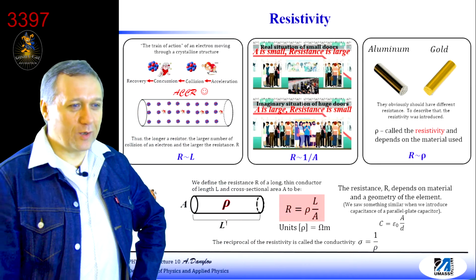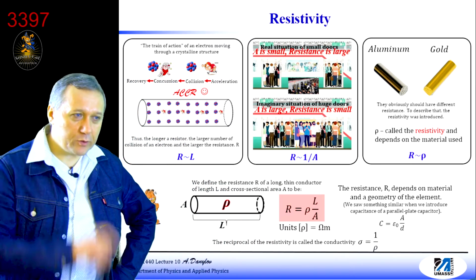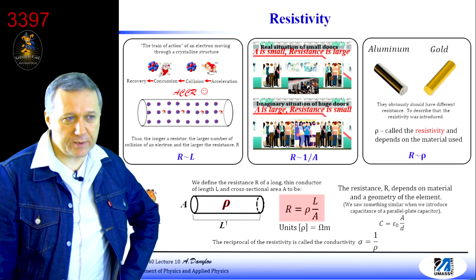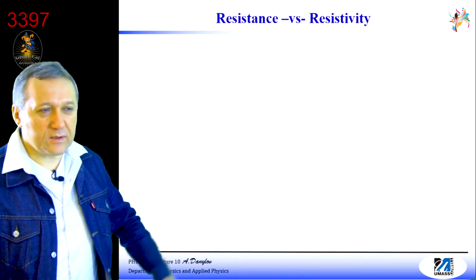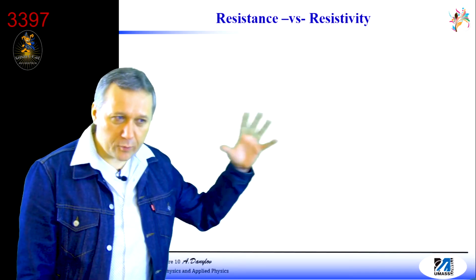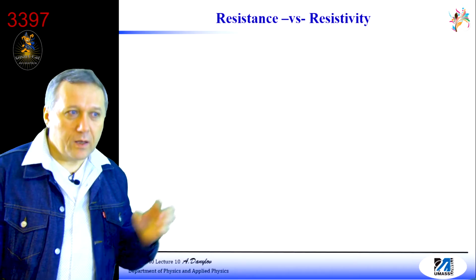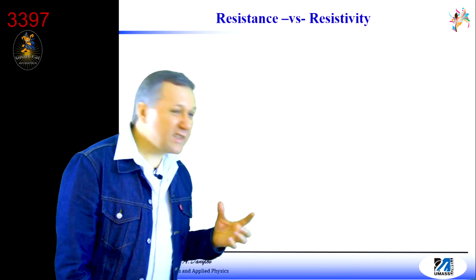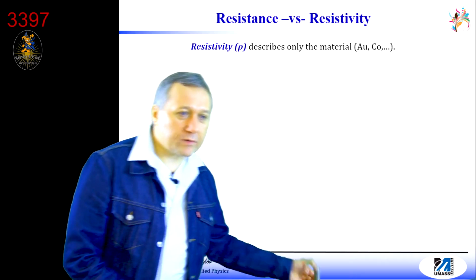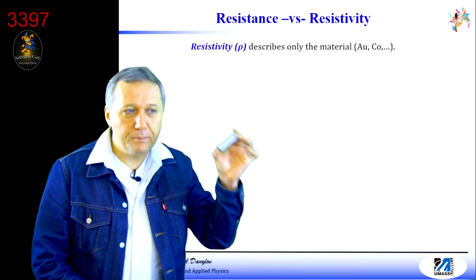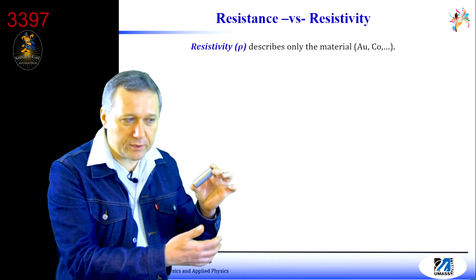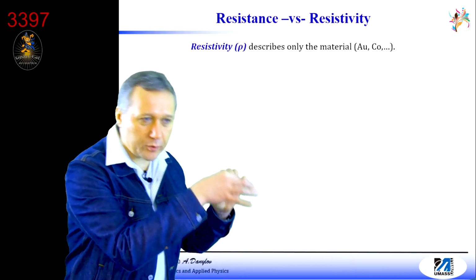Okay, so now next, I want to emphasize, because for some of you, it can be confusing at the very beginning, right? They sound kind of similar: resistance, resistivity, but of course they're quite different. What's the major difference? Again, resistance is a quantity which describes a particular object, a particular resistor, which is made of a certain material, which has some length, some cross-sectional area.